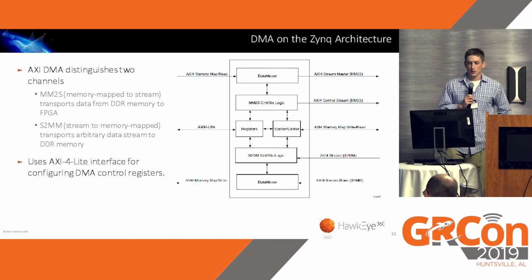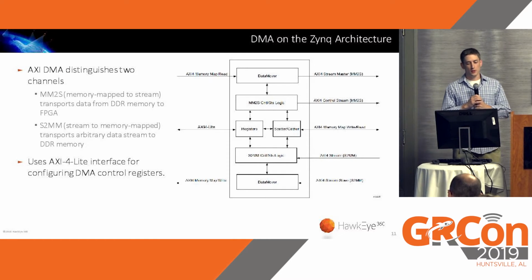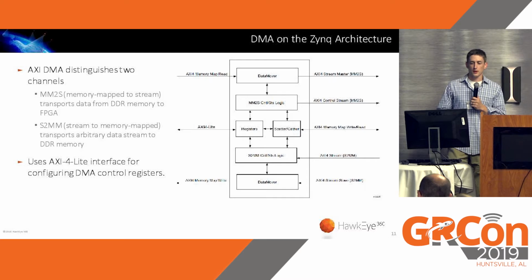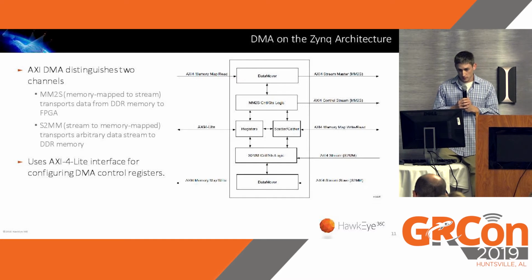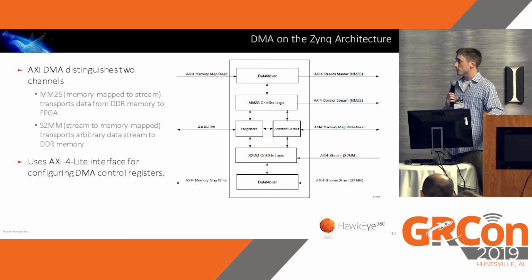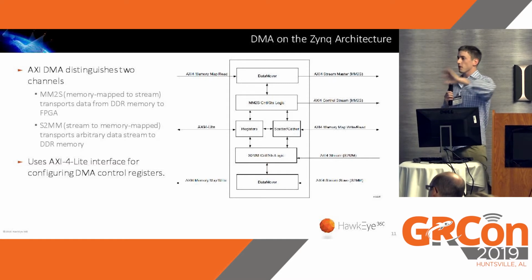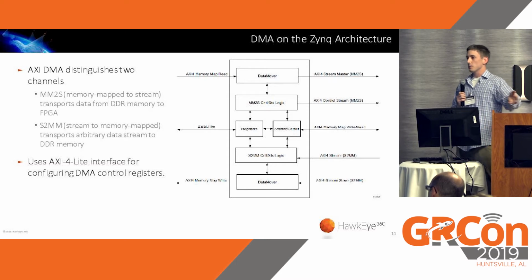Also on the Zynq, and for other FPGA-based concepts, you'll see possible channels where the terminology is memory mapped to stream. That's a DMA that reads from the memory, so memory mapped, and then it becomes a stream.